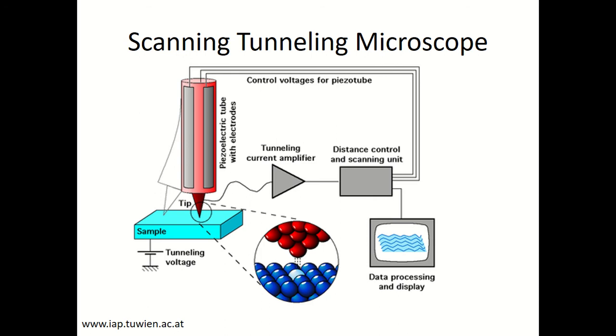Further, as electron can tunnel between two conductors, only conducting samples can be studied with the help of STM, while semiconducting or insulating samples cannot be studied. So these are the disadvantages.